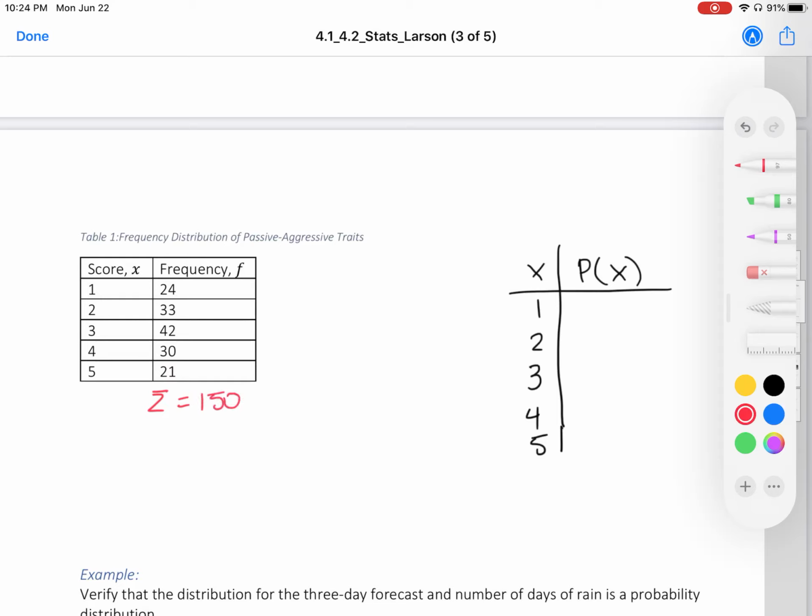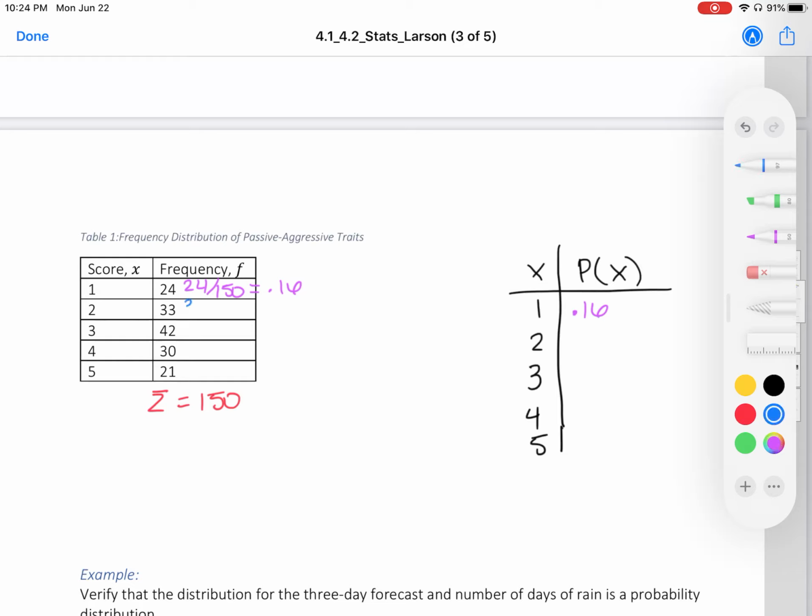To find the probability of each frequency, we use a calculator. We calculate 24 divided by 150, and that gives us 0.16. So the score of 1 has a probability of 0.16.